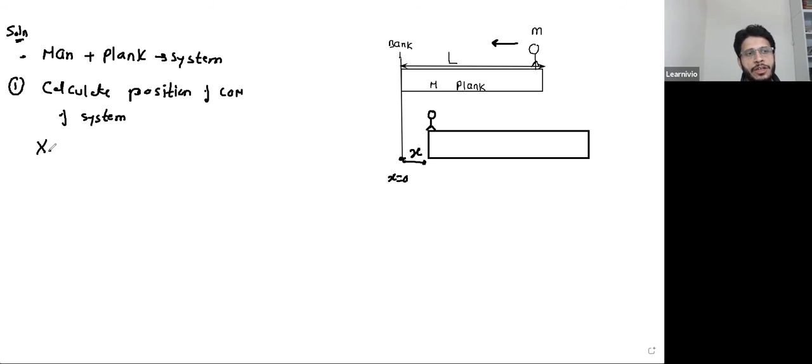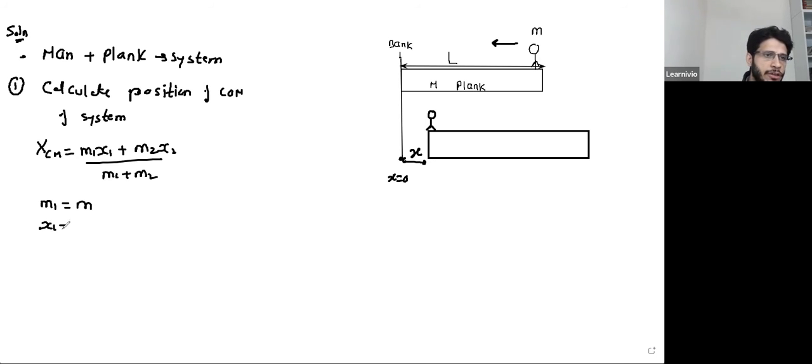This is how we calculate the position of center of mass, m1x1 plus m2x2, isn't it? Here m1 is the man, so I call this m1 as small m.